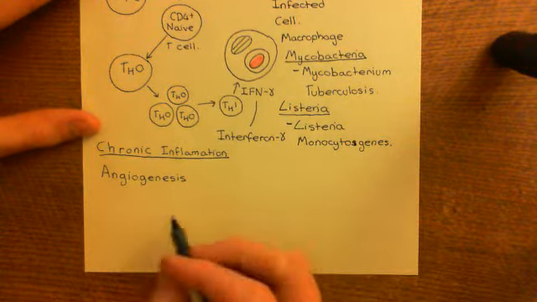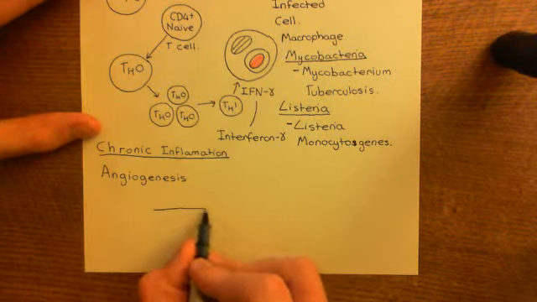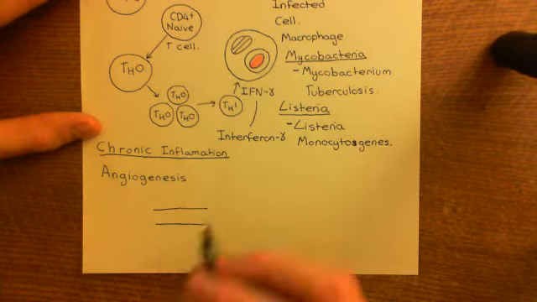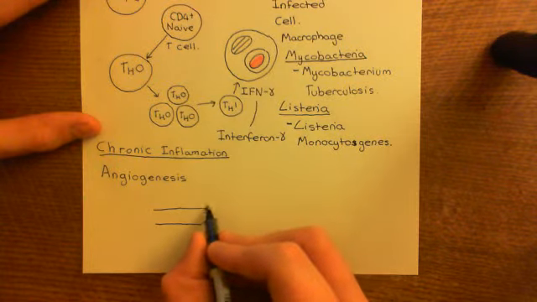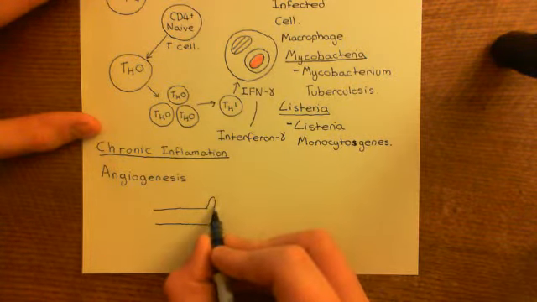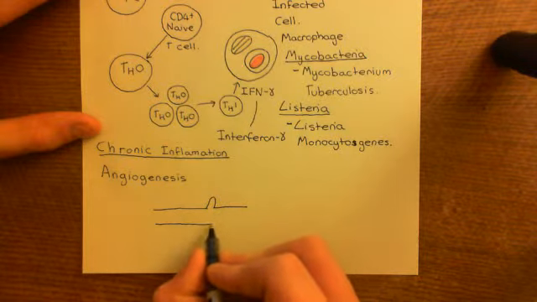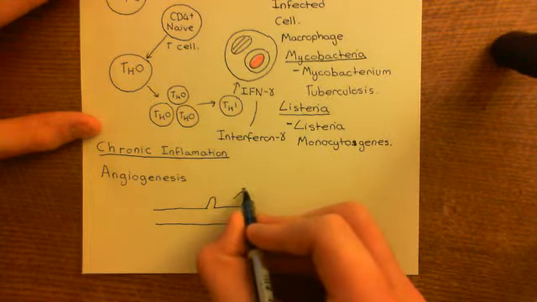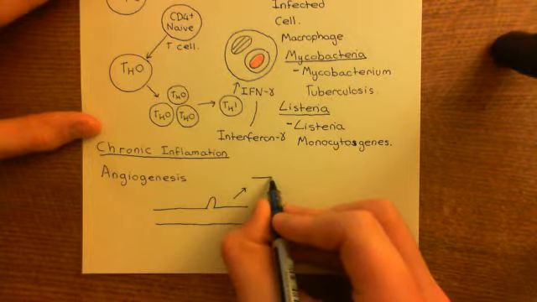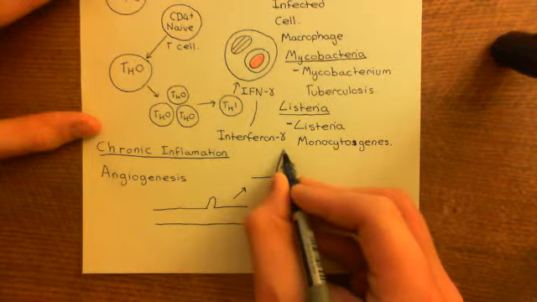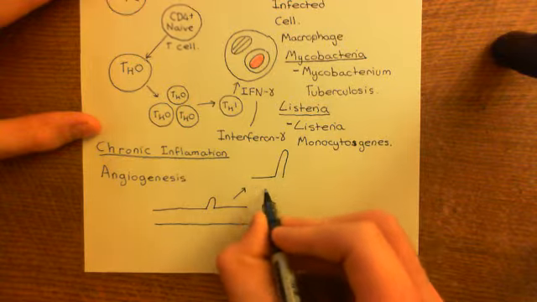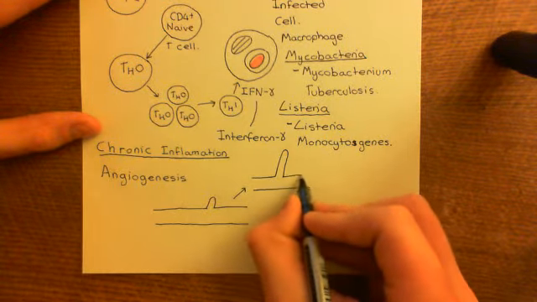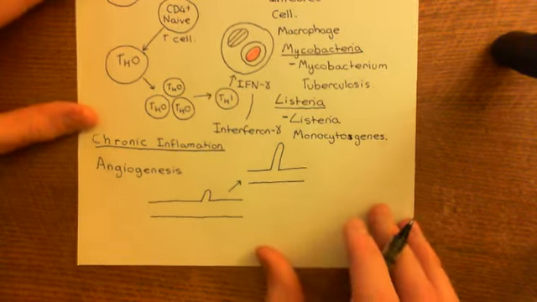So you already have one blood vessel here, and we'll just draw this blood vessel as a tube. In angiogenesis, you're going to start budding off a new blood vessel off this one that already exists. You're going to produce a bud like that, and it will grow, so it'll get longer and longer and longer. It's basically the formation of a new blood vessel as an extension of an old blood vessel.